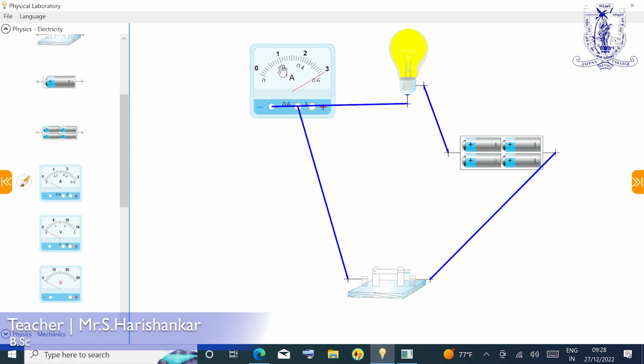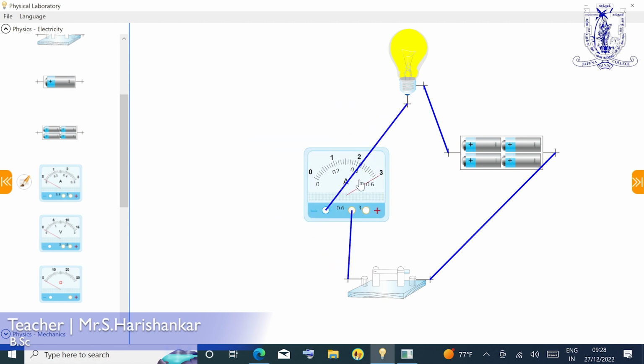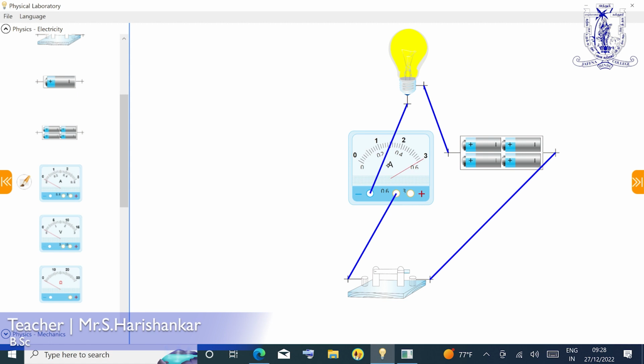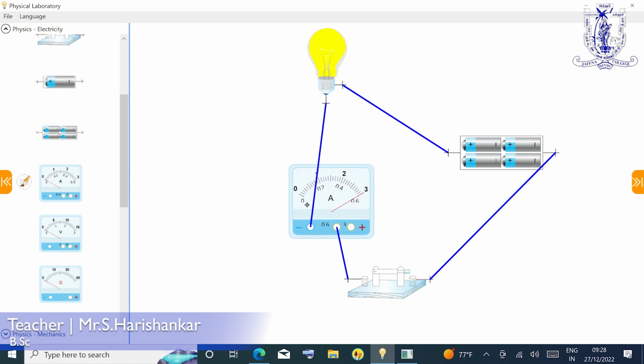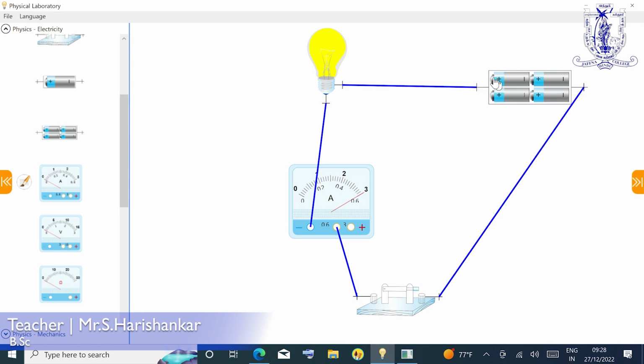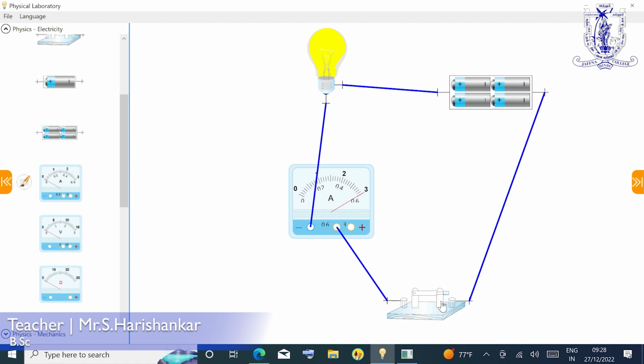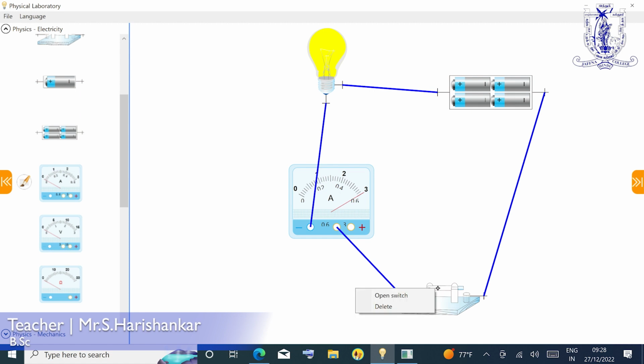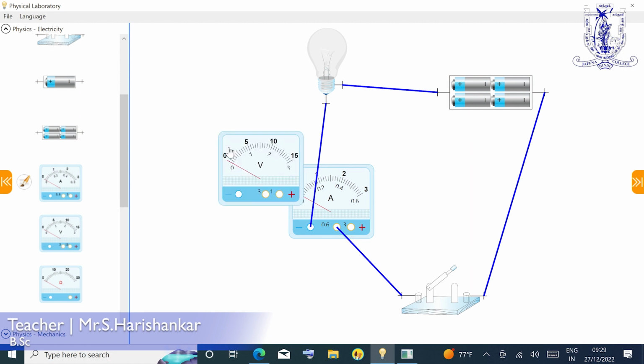This is the ammeter and batteries. With the switch open, there is no light, the bulb does not light up, because the ammeter is also connected, and then the voltmeter. This is the voltmeter.